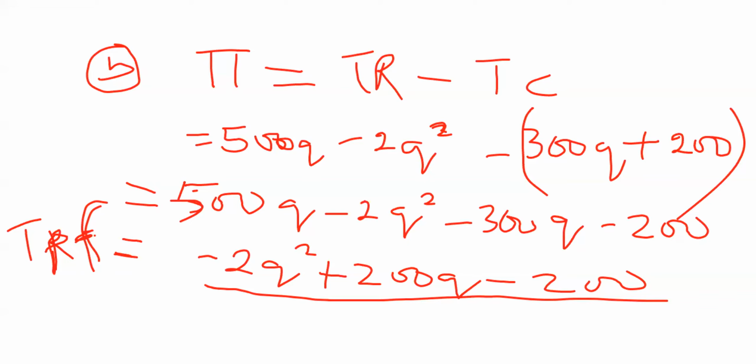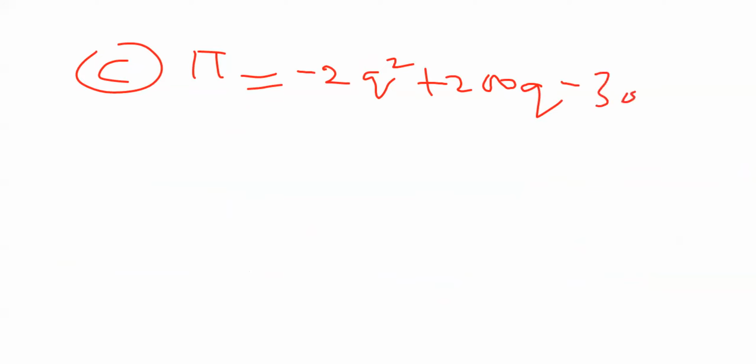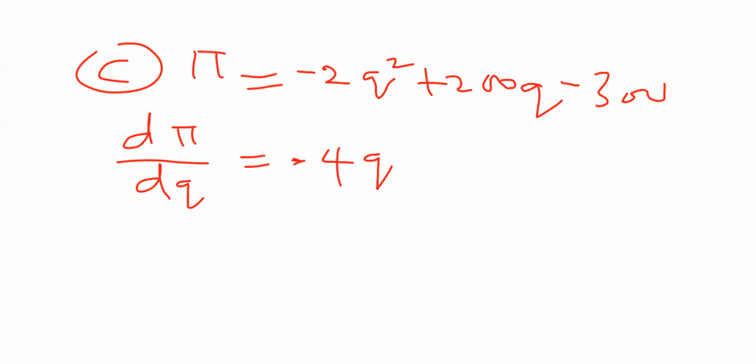So the profit function, pi, is minus 2q squared plus 200q, minus 200. Now I will differentiate: d pi over dq. Is it 200?